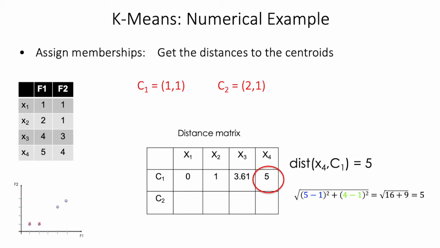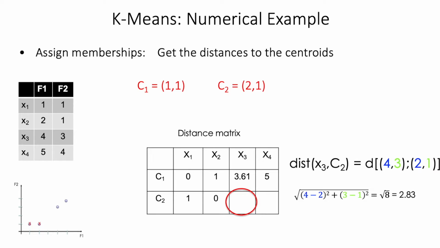Now we need to calculate the distance between all the data points and c2. Between x1 and c2 it is 1. Between x2 and c2 it is 0 because they are the same point. The distance between x3 and c2 is approximately 2.83.